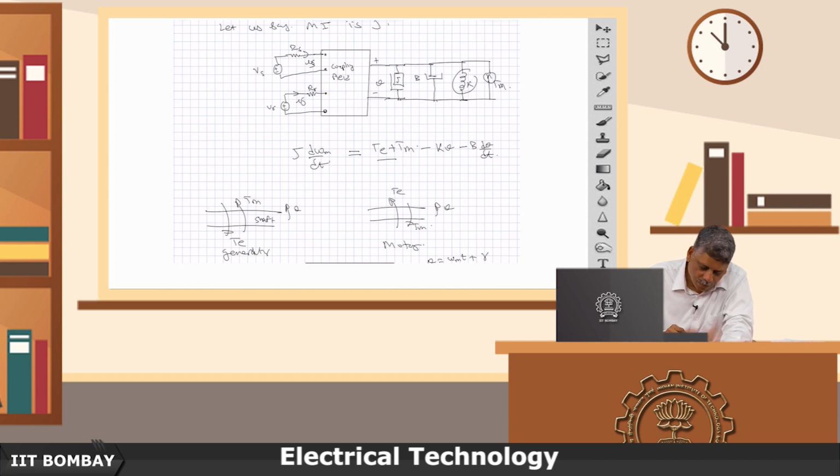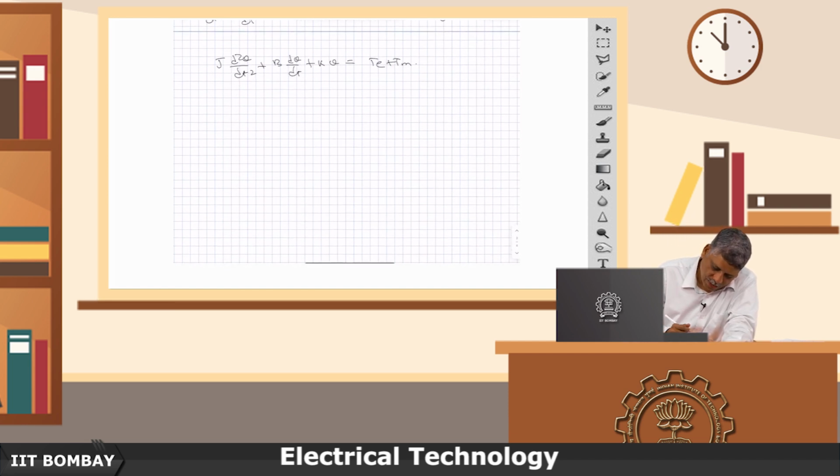So, therefore, we get Vs is equal to Rs Is plus d lambda s by dt, Vr is equal to Rr Ir plus d lambda r by dt, and the mechanical equation that we just have already derived, k times theta is equal to Te plus Tm.